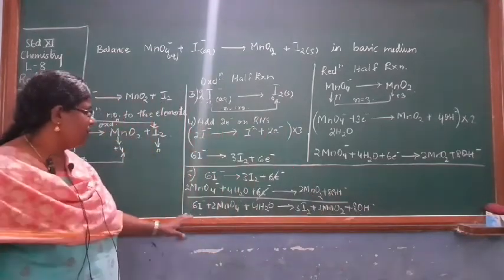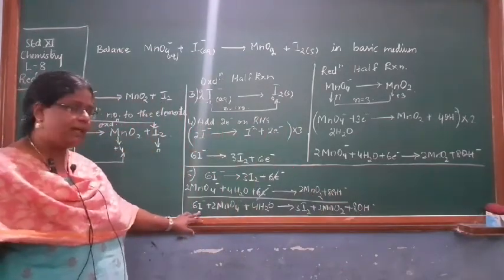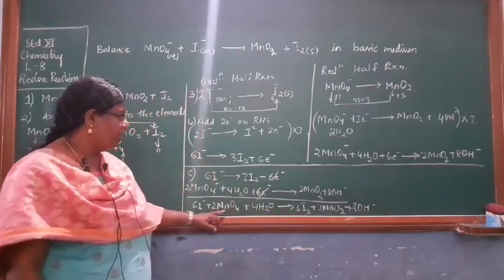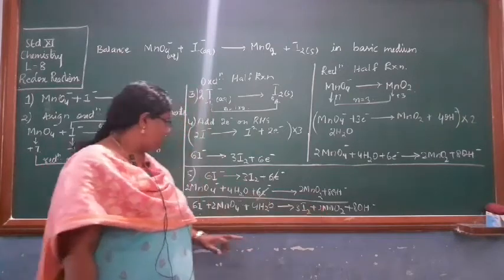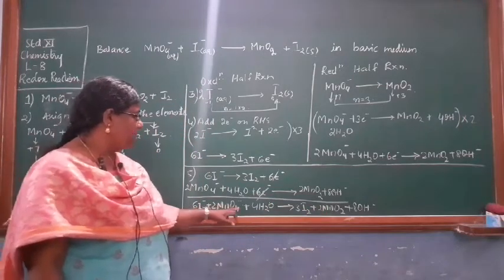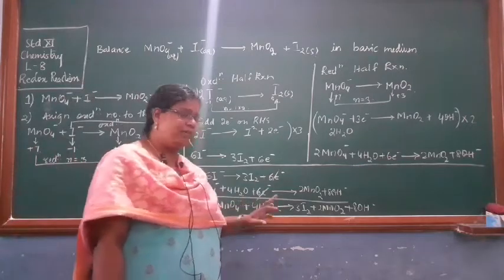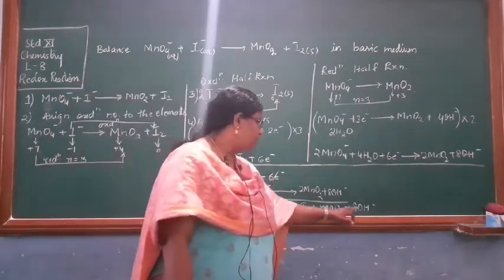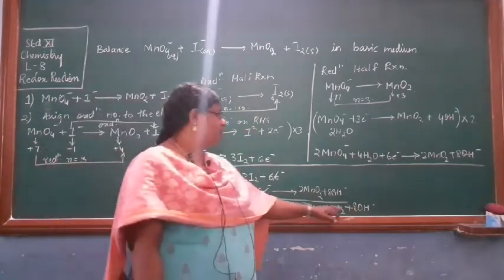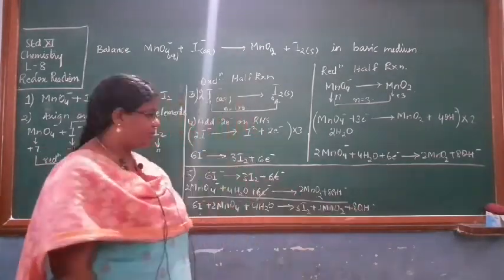So now let us check whether everything is balanced or not. 6I, here also 6I, okay. 2Mn, 2Mn, okay. O4, 4 into 2, 8, 8 plus 4, 12 oxygen, here also 8 plus 4, 12 oxygen. How many hydrogen? 4 into 2, 8, here also 8 hydrogen, okay.